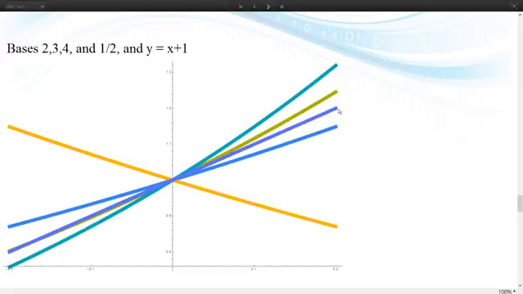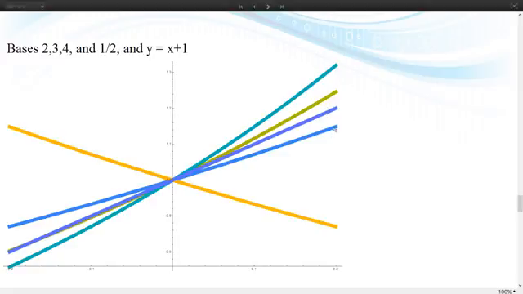But anyway, this new line right between the 2 to the x curve and the 3 to the x curve is the line y equals x plus 1. And this would be a really nice base to know. If we knew what base of an exponential function would give us x plus 1 as a tangent line, that seems like a really natural base to use for an exponential function.